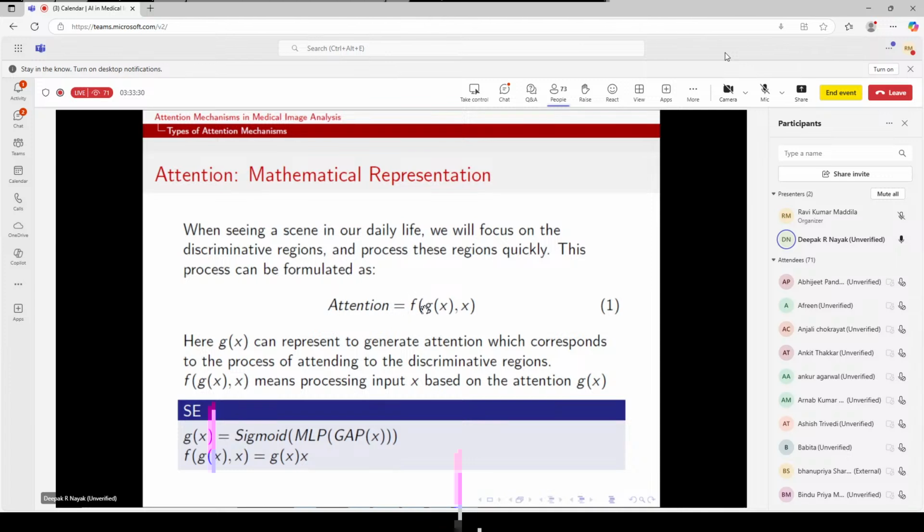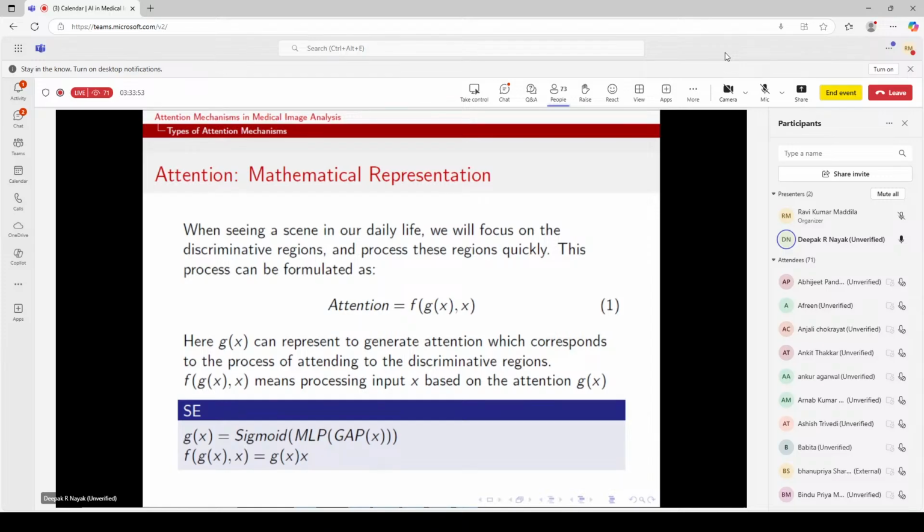If you're choosing channel attention, this function will be different. If you're choosing spatial attention, this will be different. But the idea for all the attentions, whether channel attention, spatial attention, or self attention, is pretty simple: every time you will have some weights, and those weights will be multiplied, a weighted multiplication, with the inputs.